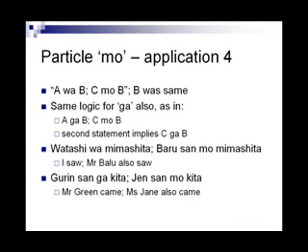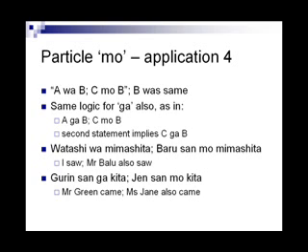We saw the A wa B, C mo B structure. B was the same in this case. The same logic can also be used with ga, as in A ga B and C mo B. The second statement implies C ga B. With wa, the example is Watashi wa mimashita.